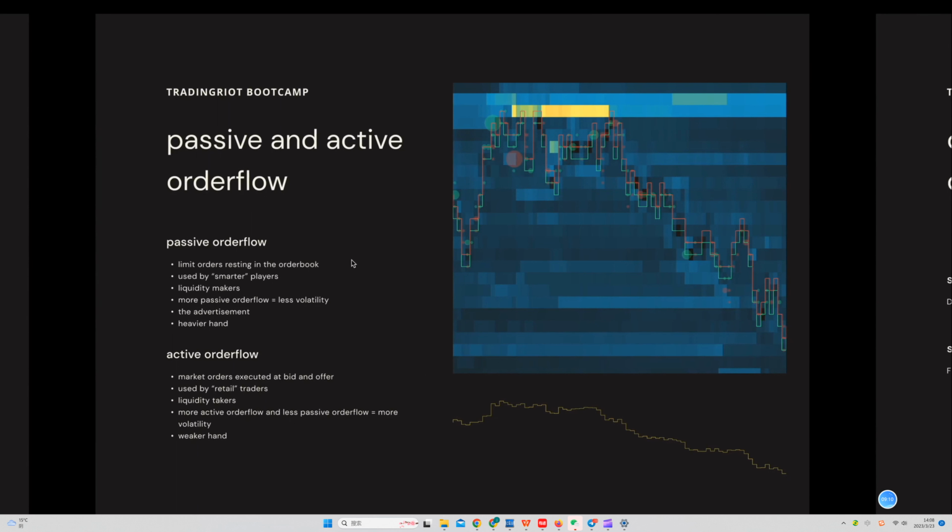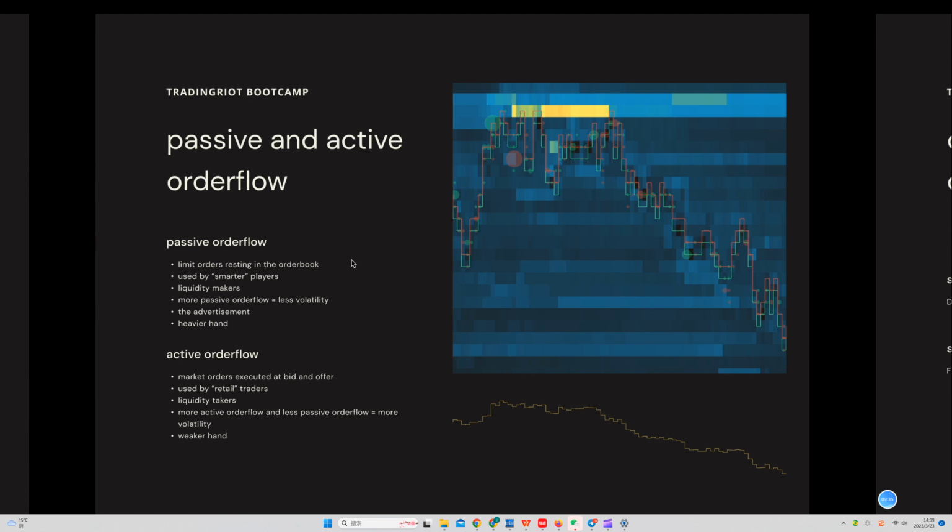Passive and active order flow. There are two types of order flow. I briefly covered this as well. The passive order flow are the limit orders resting in the order book. These are used by the smarter players, the people who trade with larger size and don't want to market into the trades.